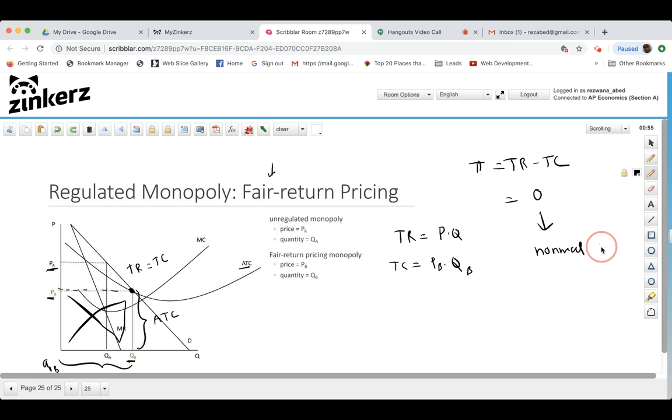This is different than marginal cost pricing, because there you were making losses, since your price was lower than your average total cost, but here your price is equal to your average total cost. So they're at least letting you have a normal profit. Whereas with marginal cost pricing, you were making losses, and the government would actually have to provide you some money, a subsidy, so that you're not making losses.